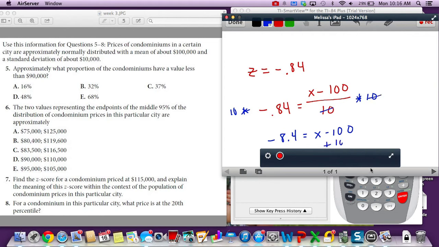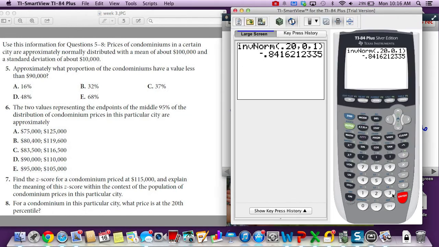So I want to add 100 to both sides. And I get x equals 91.6, I believe. Let me go ahead and check this. Yep, 91.6. So our condominium price would be $91,600 at the 20th percentile.